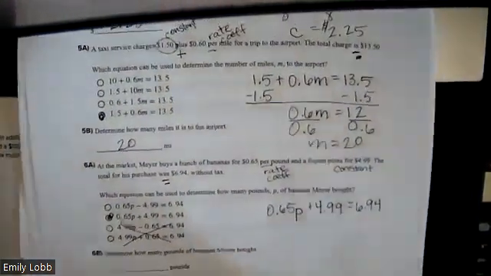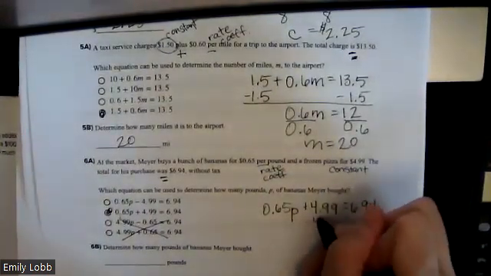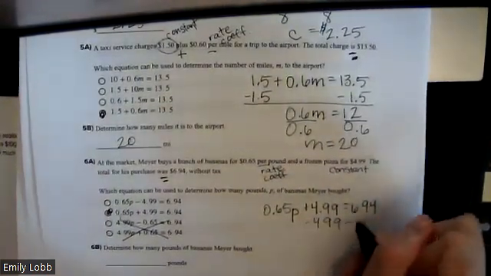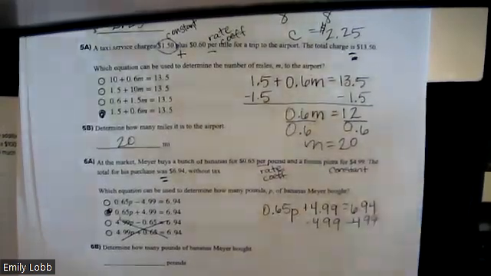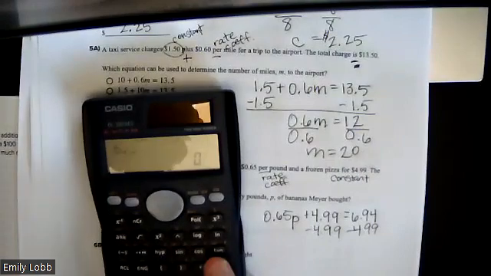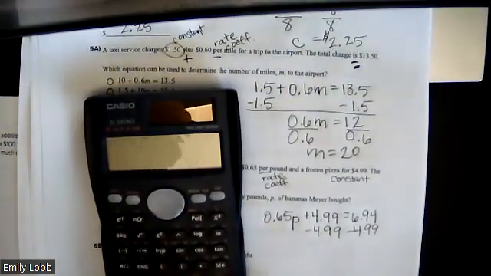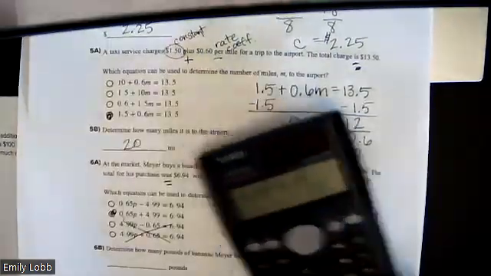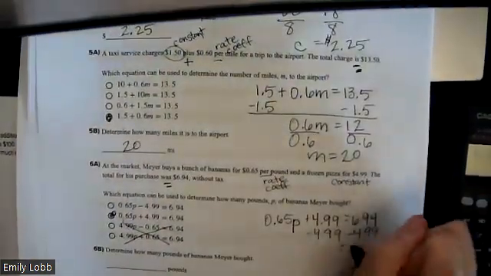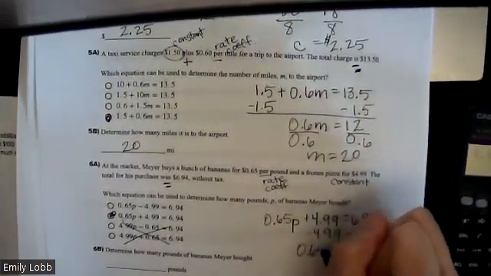We got to get rid of the constant. So we're going to subtract it from both sides. Feel free to use your calculator. 6.94 minus 4.99, $1.95. So they're spending $1.95 on bananas.